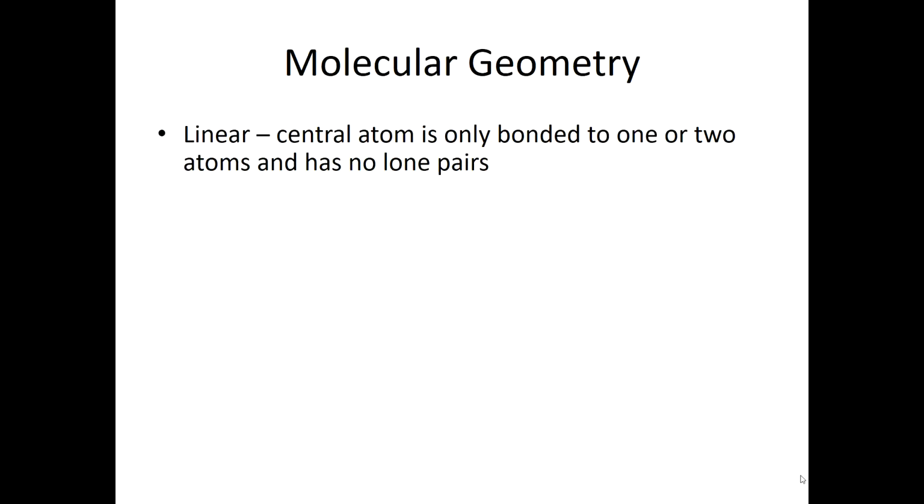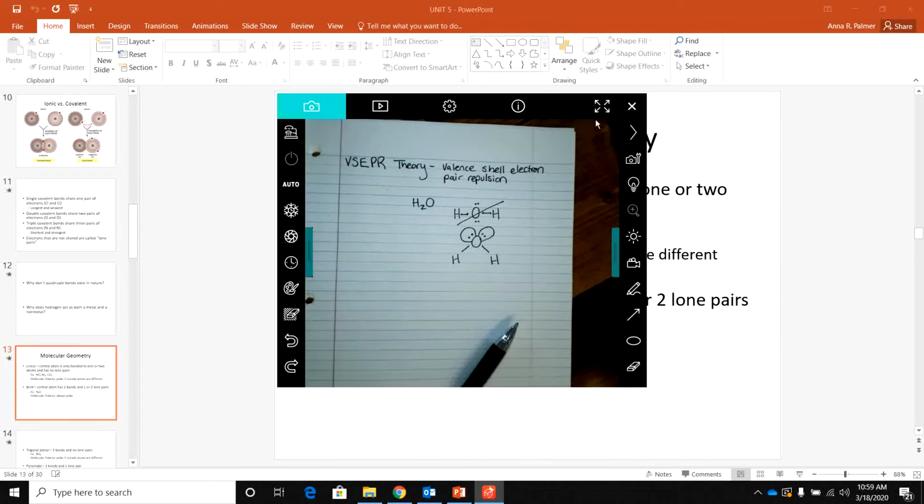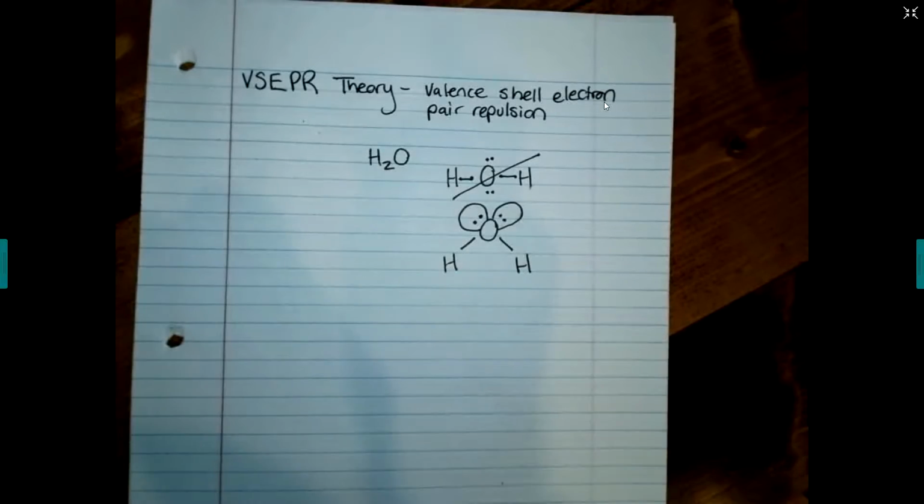And if it's 2 bonds, then the atom that's in the middle, the central atom, has no lone pairs. I'm going to give you some examples of these: HCl, Br2, and CO2. We'll look at those examples by drawing their Lewis structures.